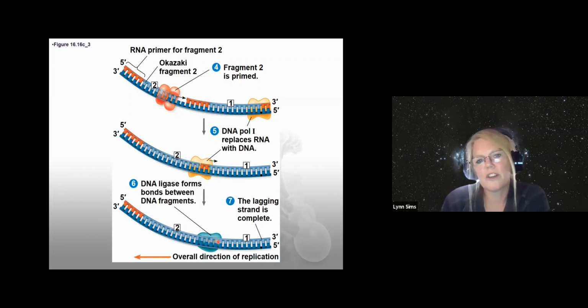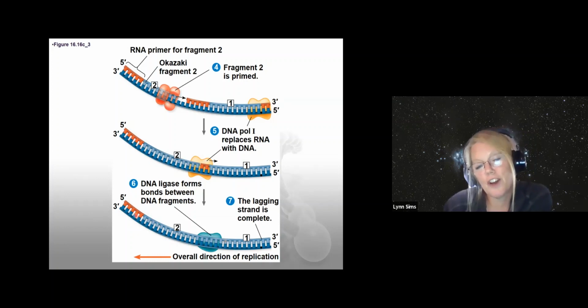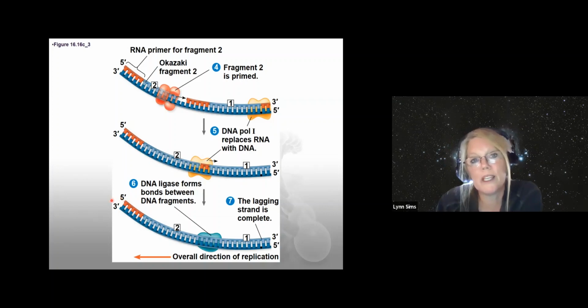Once this occurs along the length of the entire lagging strand, then the lagging strand is complete. Once every Okazaki fragment is connected, it's complete. And now at the end of the strand, we have another piece of RNA, which is going to be removed and replaced, and it can't be replaced with DNA because there's no base behind that to actually attach a nucleotide.